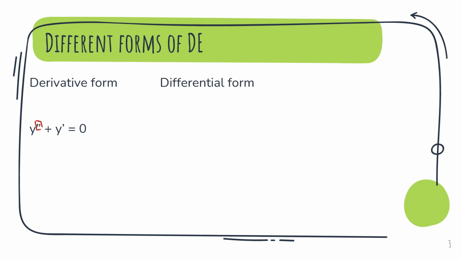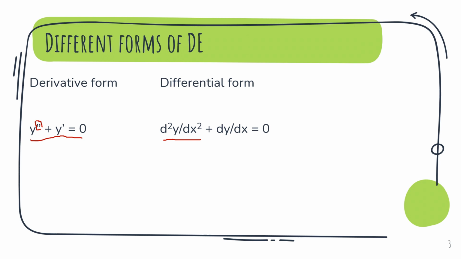Second is the differential form. So, kagaya lang din netong unang example, etong d squared y over dx squared ay basically parehas lang siya ng y double prime. Ayan.